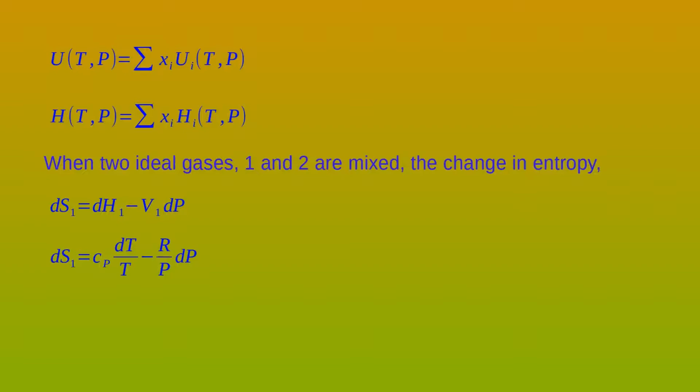Now, for simplicity, I would round off the Cv, that is the specific heat at constant volume, to 20, that is 20 joule per mole Kelvin.